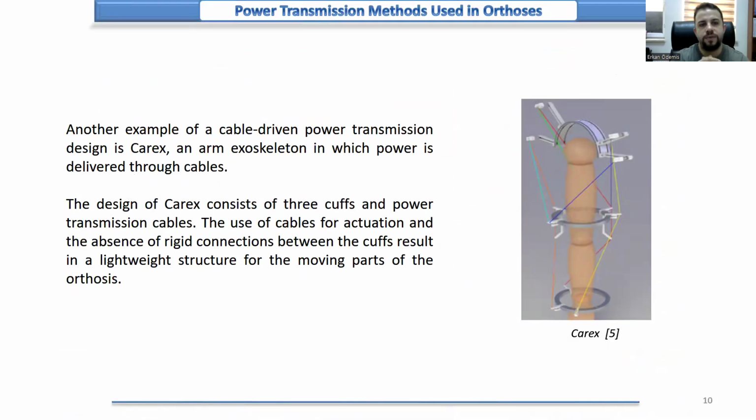Another example of cable-driven power transmission design is KREX, an arm exoskeleton in which power is delivered through cables. The design of KREX consists of three cuffs and power transmission cables. The use of cables for actuation and the absence of rigid components between the cuffs result in a lightweight structure for moving parts of the orthesis.